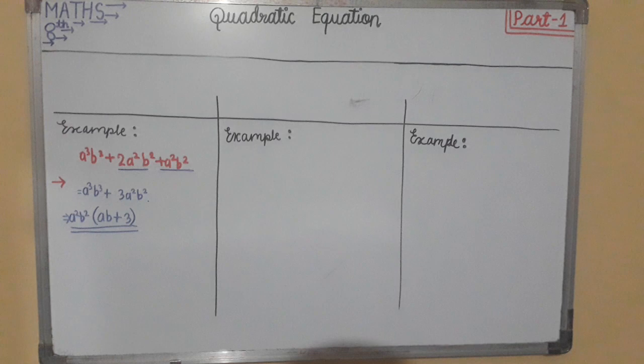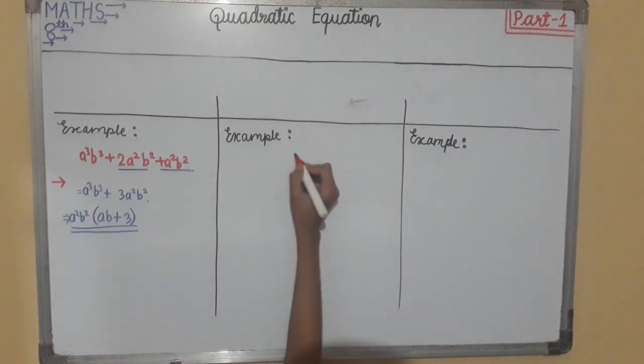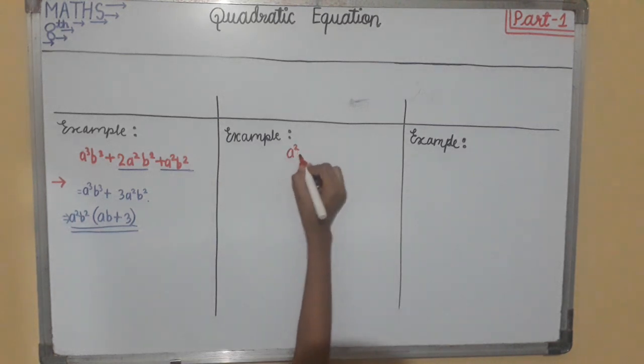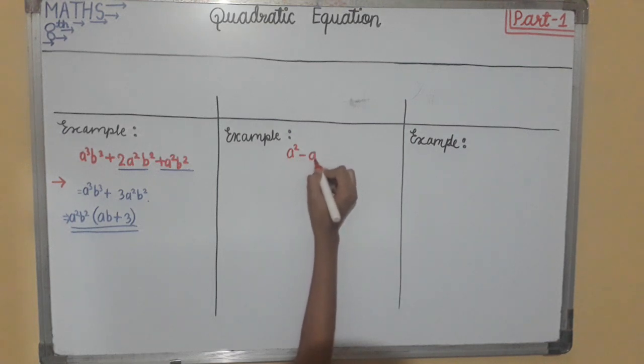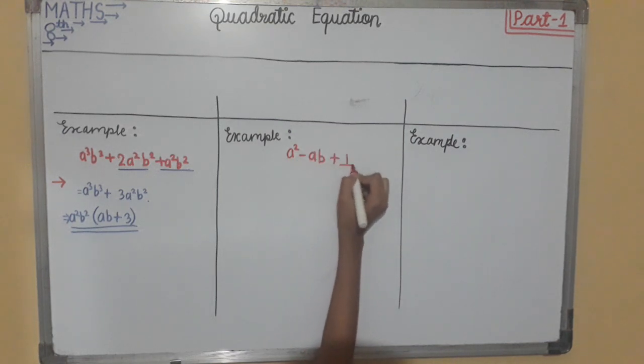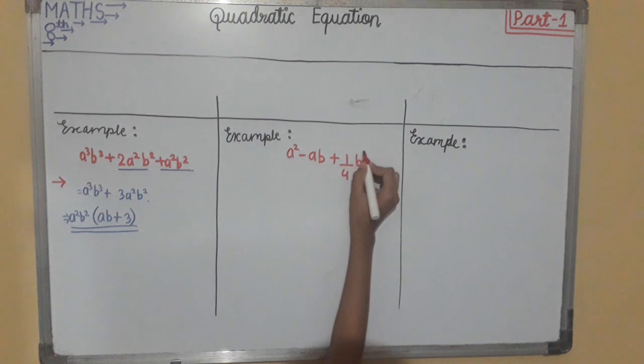This will be our final answer by the method of taking common factor. Now we will move to second example, that is using identity. So the example is a square minus ab plus 1 by 4 b square.